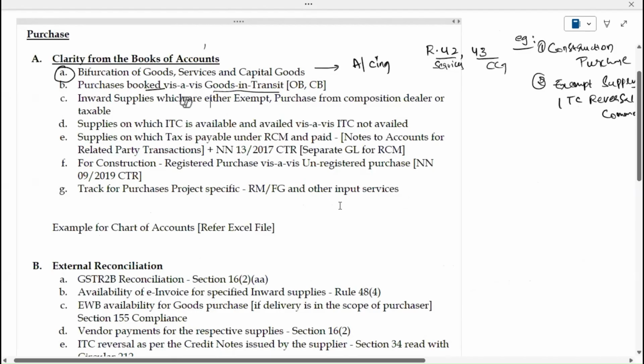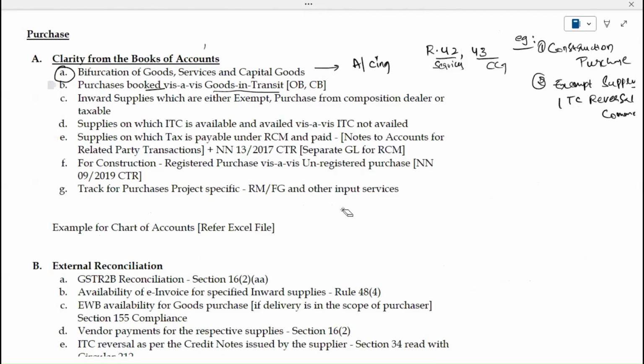Next, inward supplies. B we have discussed. Then C, inward supplies which are either exempt, purchase from composition dealer, or taxable. Now please understand this for clause 44 of Form 3CD of income tax. When I file my income tax return, my tax auditor has to certify.